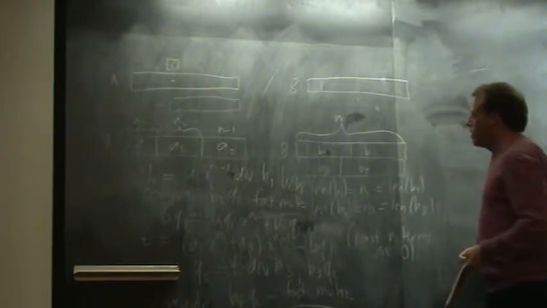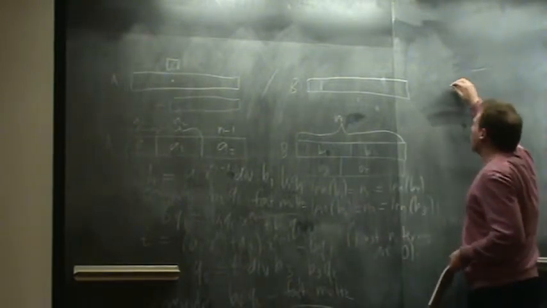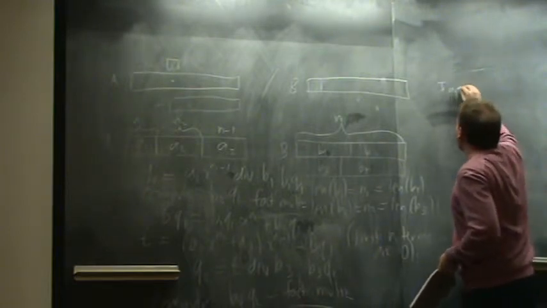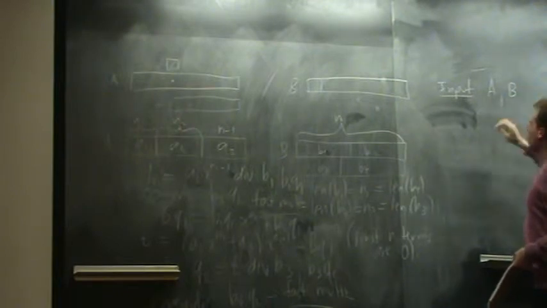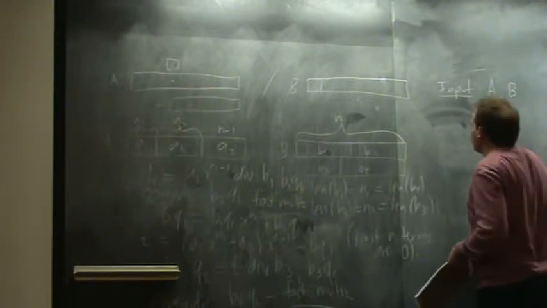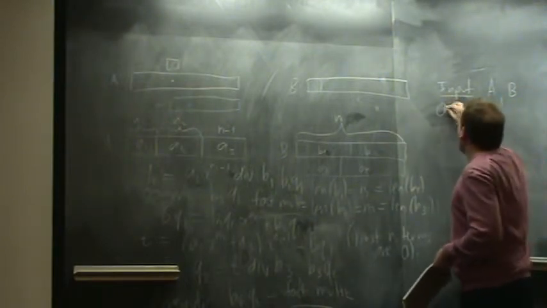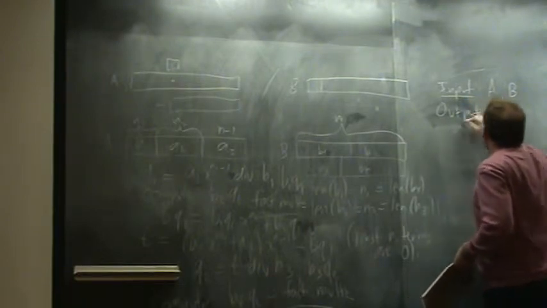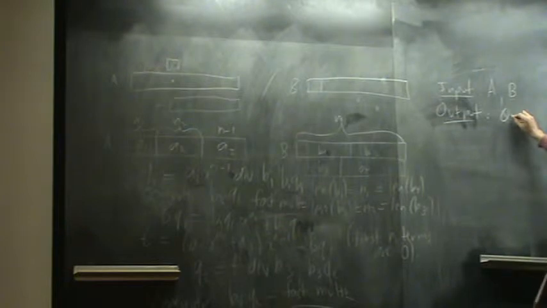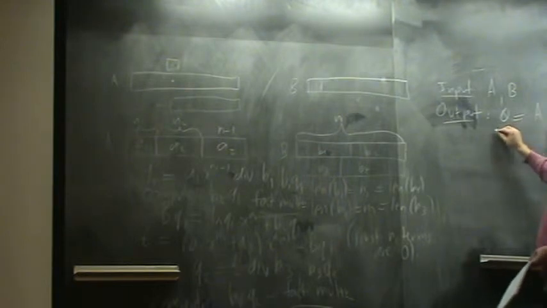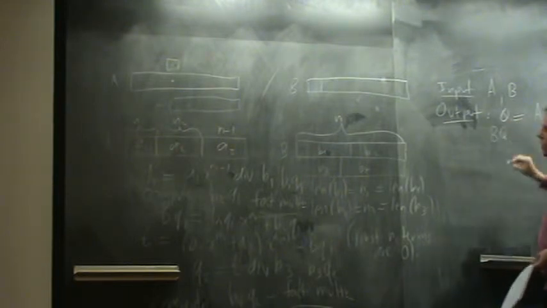So what I've done is I've got a new algorithm. It takes as input A and B, which are polynomials with the given lengths, and as output it will give me Q, which is A div B, and the product BQ.